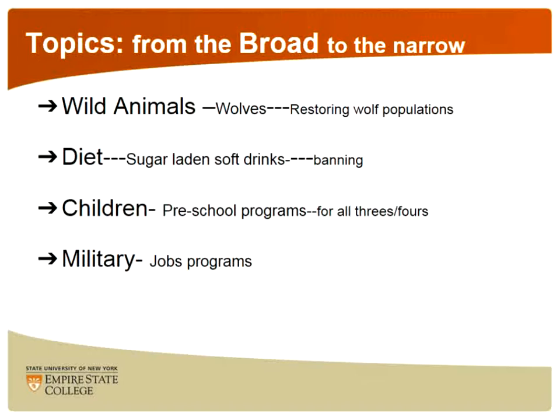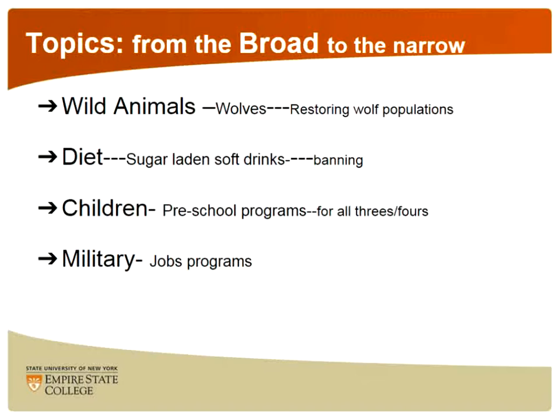Here are some topics that start off with a broad area and move to the narrow. If it's a topic of wild animals, you can narrow it down to an interest in wolves, and possibly you're someone who believes that wolf populations should be restored.